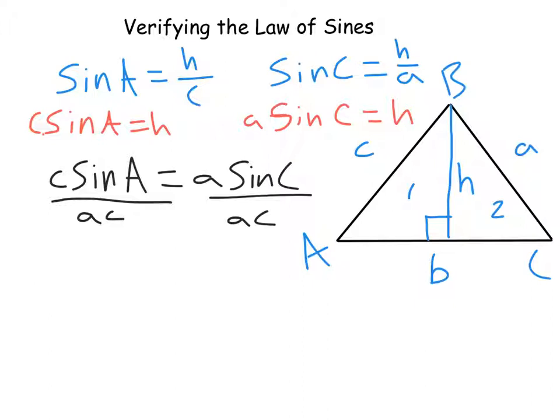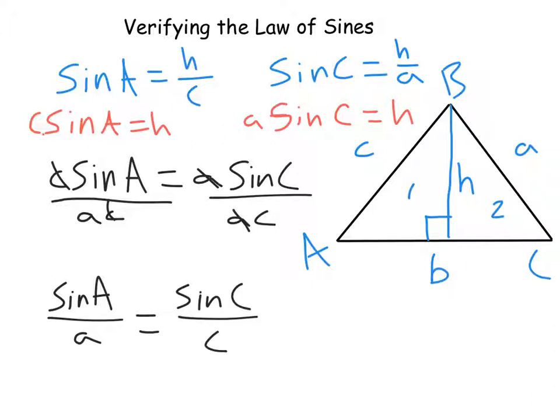Kind of an interesting thing to do, but the C's will cancel, and I will get sine of A divided by A. Here the A's will cancel, and I will get that equals sine of C over C, and we end up with essentially some fractions that are proportional, which would mean if I have 3 of those 4 measurements, I could use this to get the one that's missing.